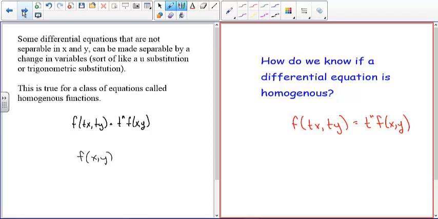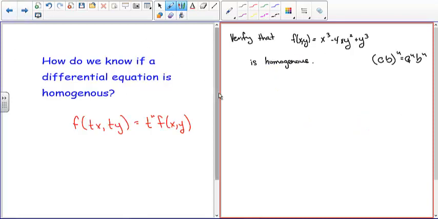So let's look at an example of an equation that is homogeneous. It's not a homogeneous differential equation, but if it's a homogeneous function, then it's a homogeneous equation. So f of x, y, meaning it's a function of both x and y, is x cubed minus 4x times y squared plus y cubed.